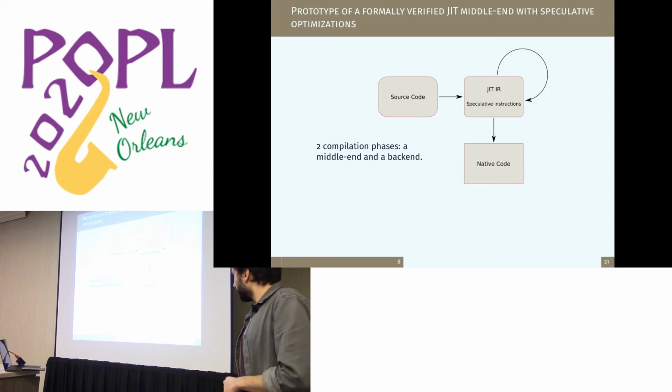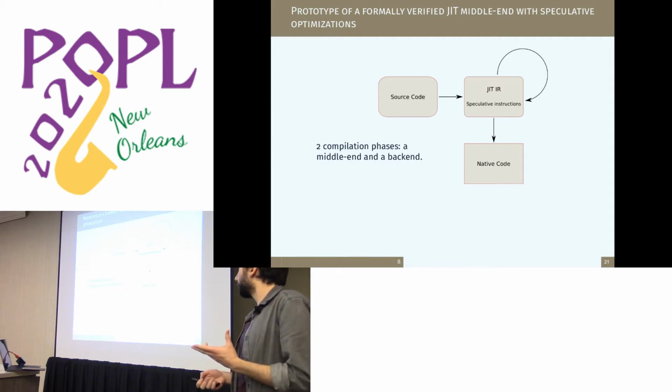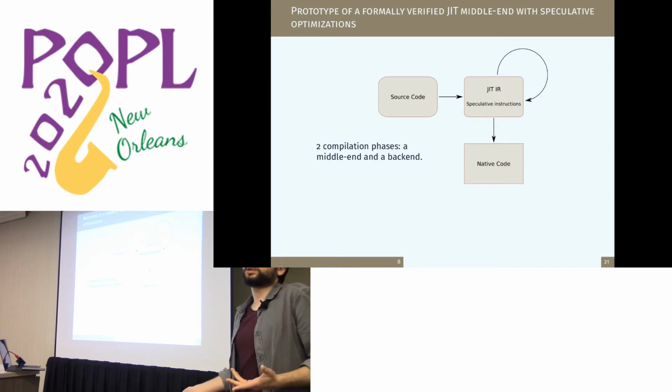Now, in this representation, we can make this big loop of a first compilation phase that is a middle-end phase that actually deals with speculation. So you can, for instance, insert new speculation points. You can move around speculation, make speculation stronger, and so on and so on. And once you're done with it, you go to the second compilation phase where you translate it, for instance, to native code so you can run it really efficiently.